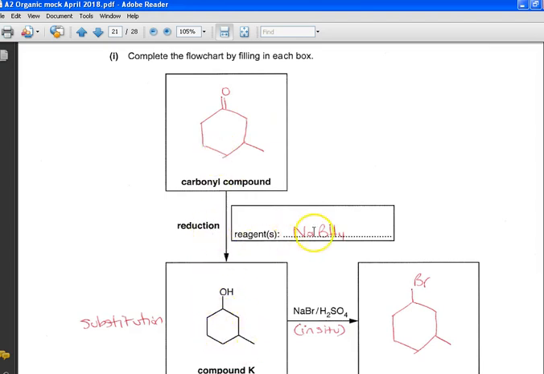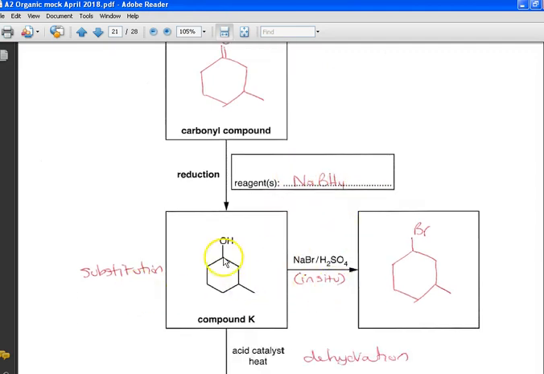So if you're forming an alcohol, it's going to have to be a C double bond O, and the reagent is NaBH4. This one you're just substituting the alcohol group basically for a bromine.